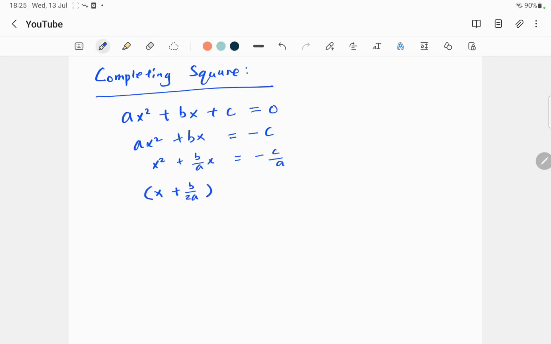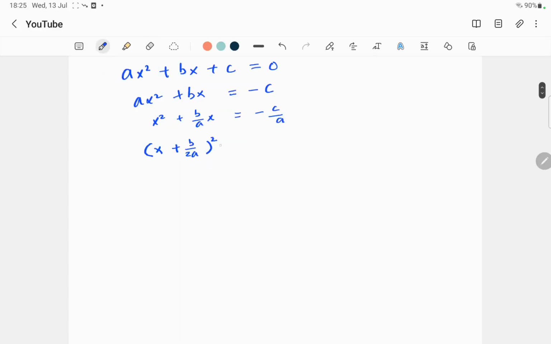Then remember to put the square outside the bracket. Then the next thing you need to do is remember to minus the term b over 2a, and remember to square it. So this is how we carry out the completing the square. As I mentioned just now, the right hand side we do nothing. We just copy only.